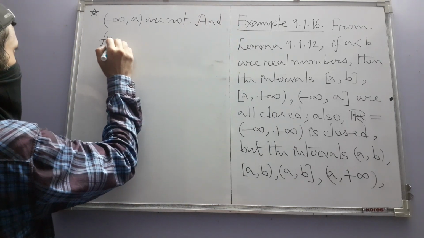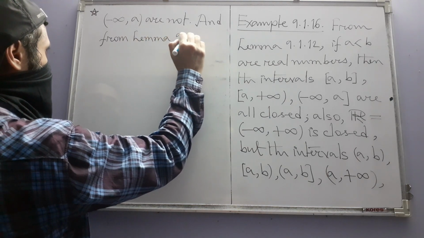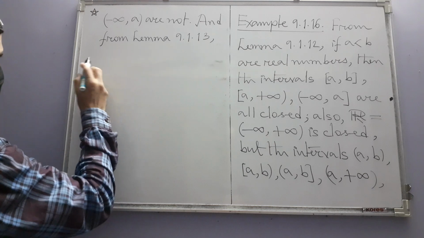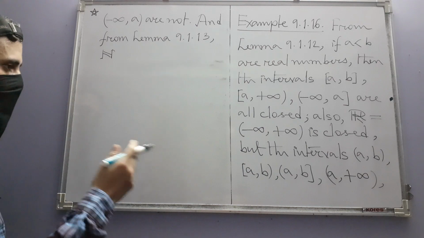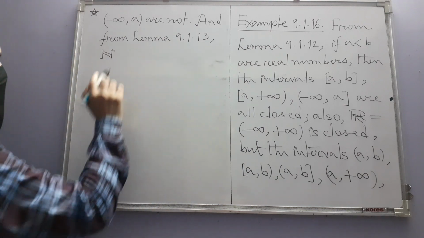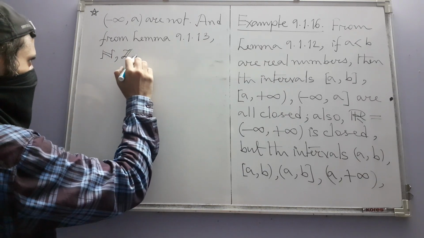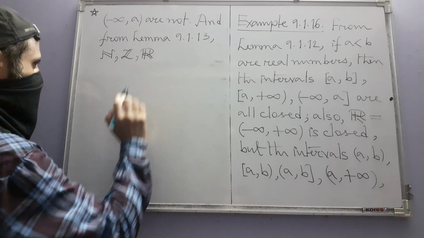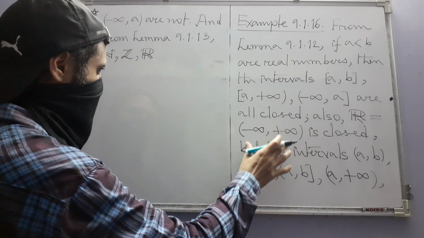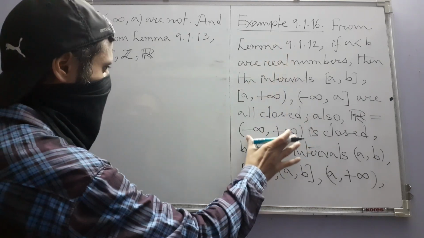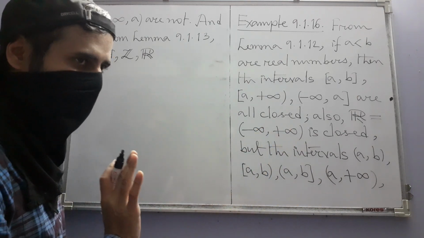and from lemma 9113, we have also seen that these sets are closed because their closures also equal themselves. Okay. The set of all natural numbers, the set of all integers, actually we have already mentioned that here, but both the lemmas mention this thing. In this lemma, we have been asked to calculate the closure of this, which turns out to be equal to itself.